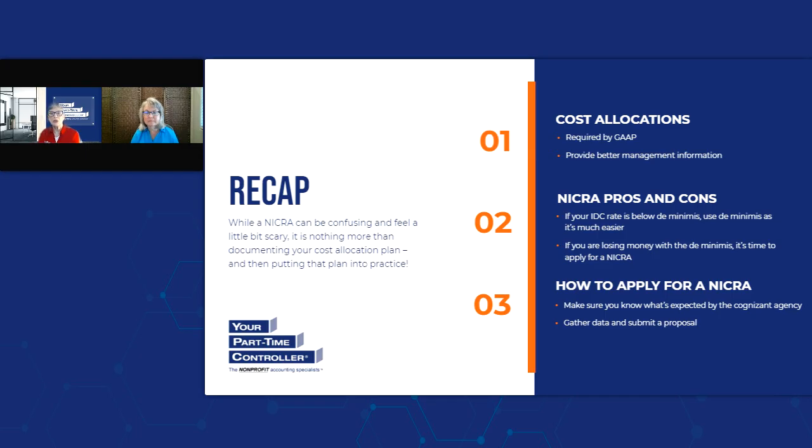We talked about pros and cons of using de minimis versus negotiating, and a little bit about how to apply for a NICRA. And keep in mind that the forms you'll use, the format is unique to every agency. So be sure you're using the format that your cognizant agency prefers.